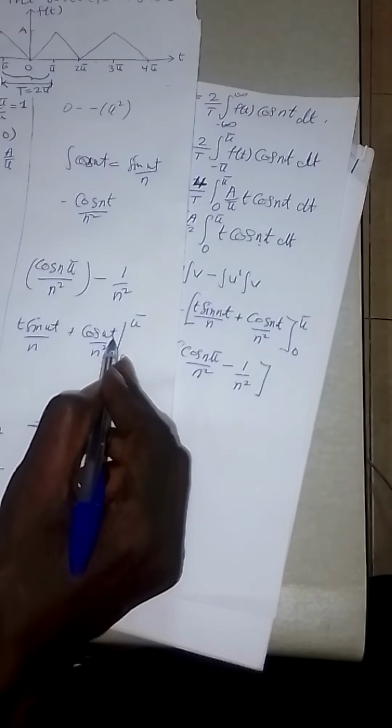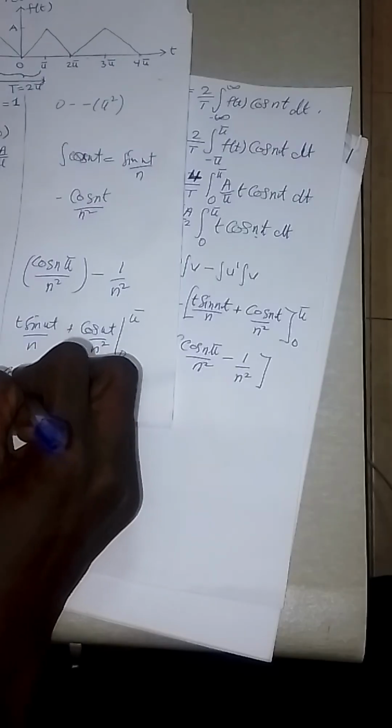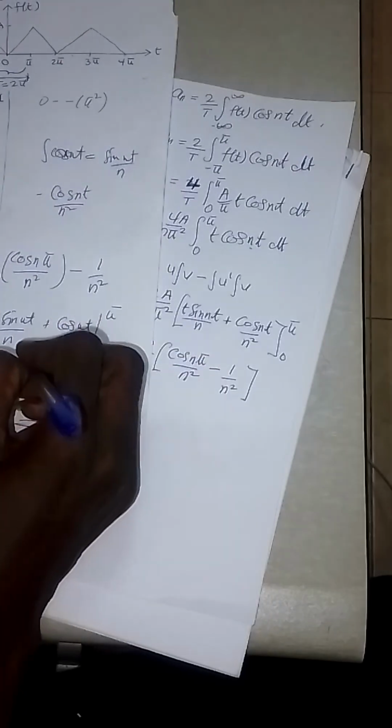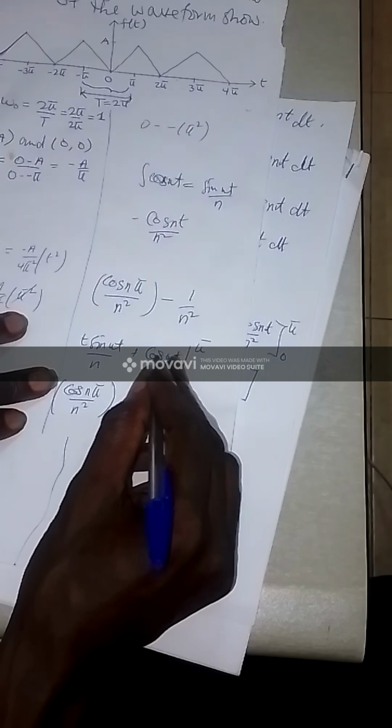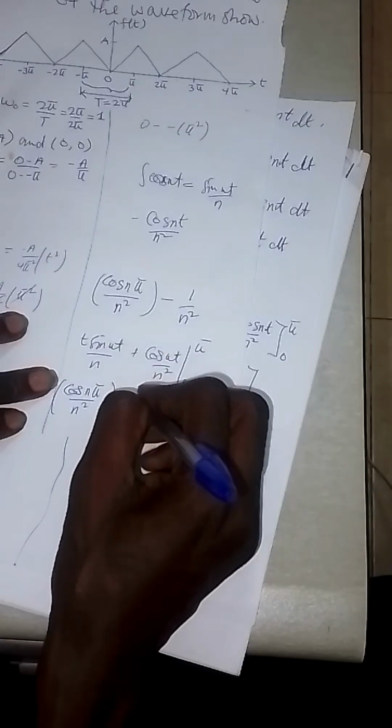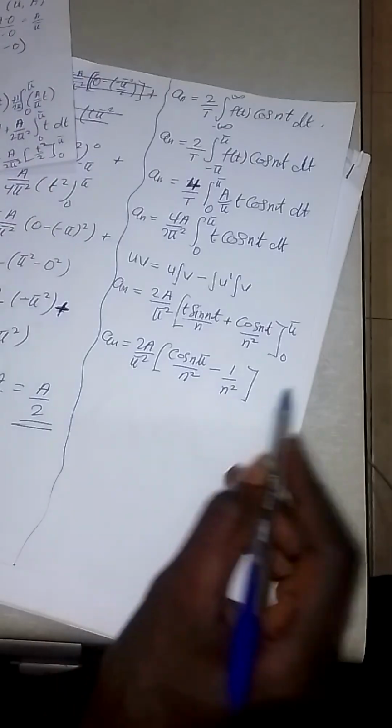Cos, if I put pi in place of t, becomes cos n pi over n squared. Then minus, when 0 comes in, this place all becomes 0. Then cos 0 is 1, so minus 1 over n squared. That is what gives me this result.